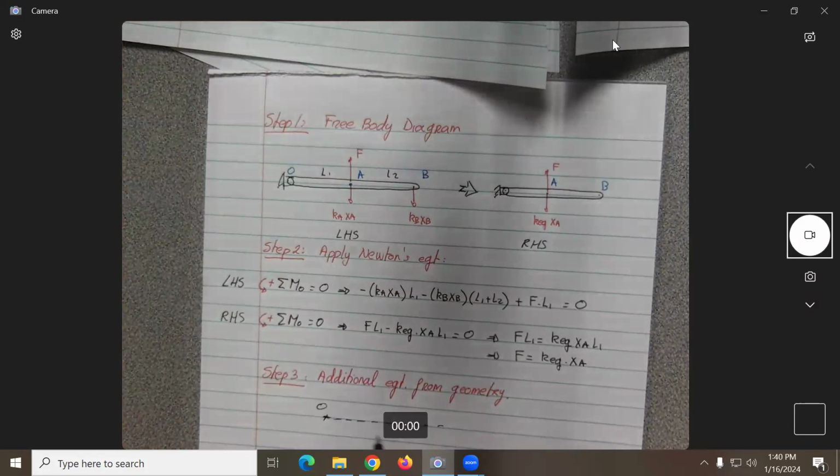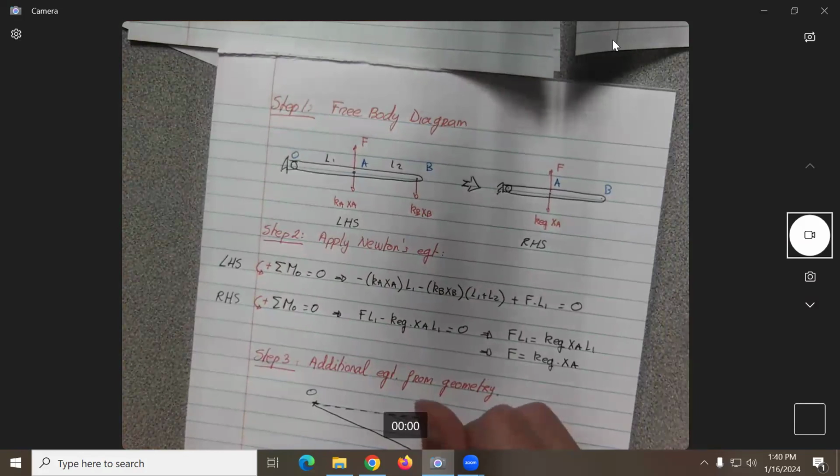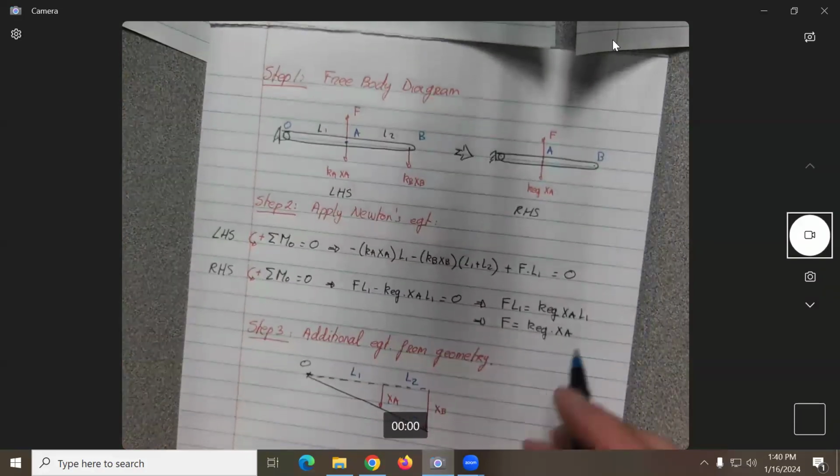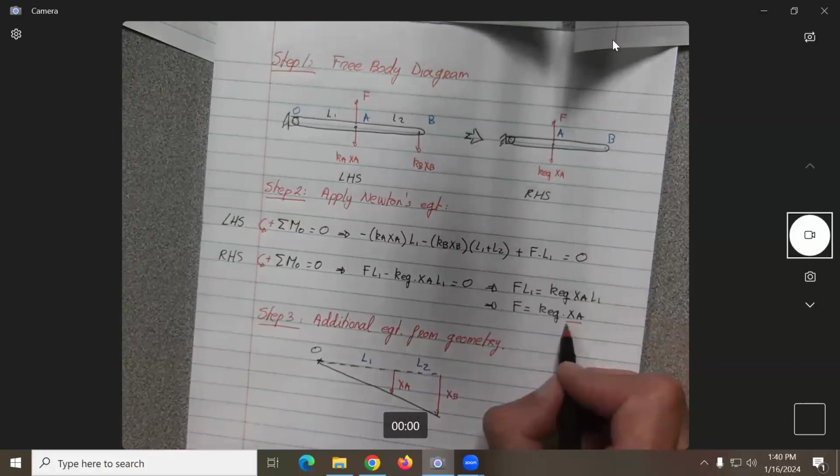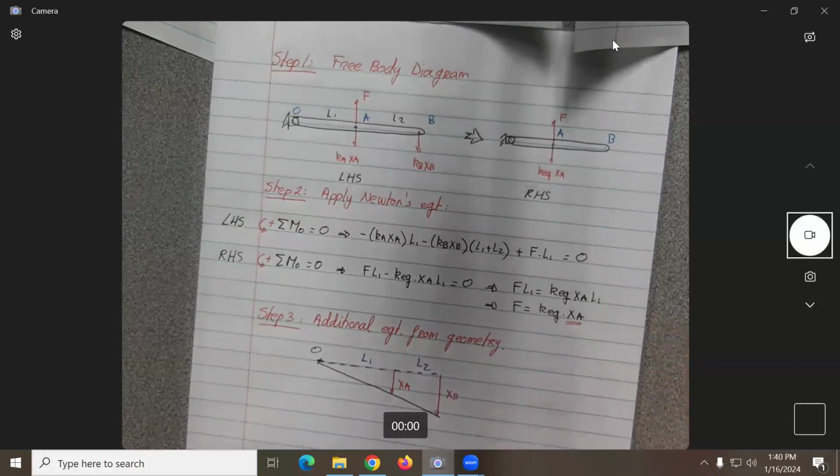So this will be point O. So X_B, X_A, L1, L2. So this time, what are we trying to do? We're trying to rewrite everything in function of X sub A, no?